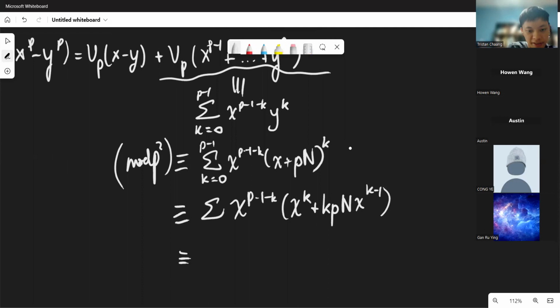And this is just the sum of x to the p minus 1, which is just p times x to the p minus 1, plus, I would just write everything at the same time, the sum of k from k equals 0 to p minus 1 of k p n x to the p minus 2.